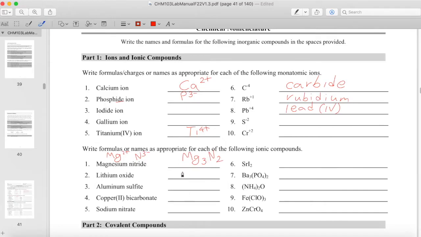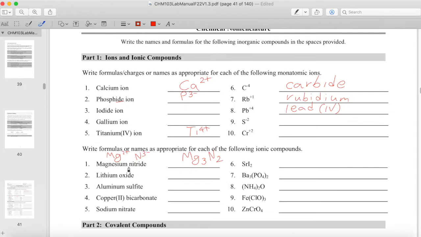Okay. Now, this problem, this section, has a few polyatomic ions in them. So notice that if your nonmetal has that "ide" ending, it usually tells you that your negative ion is made up of just one element. It's a monoatomic ion.